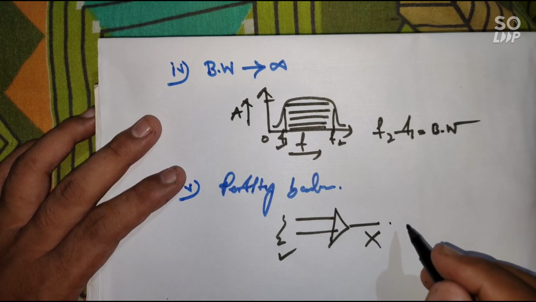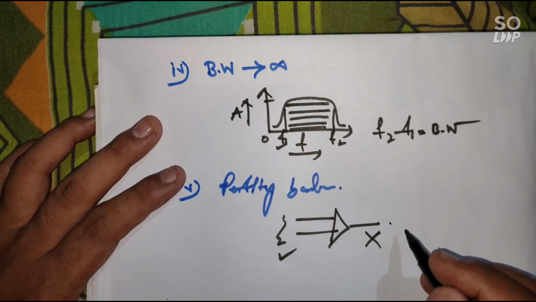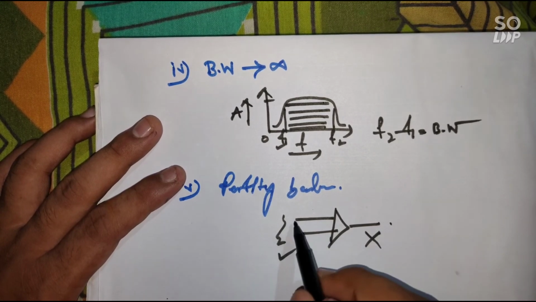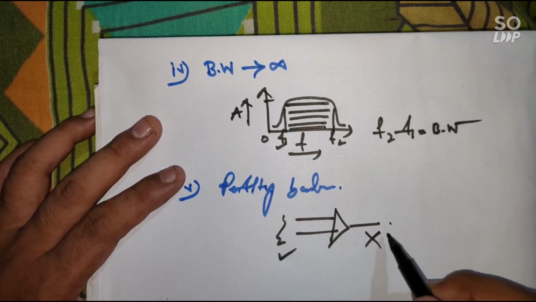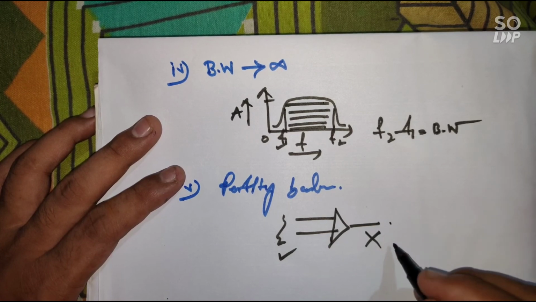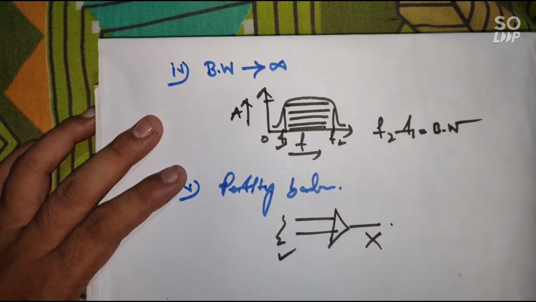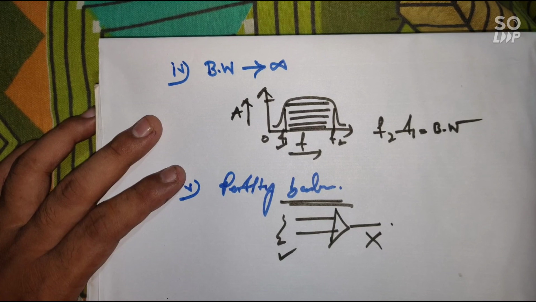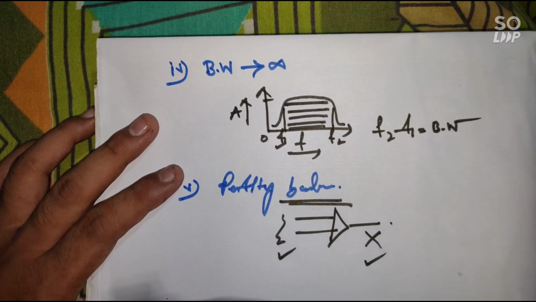This is called the output offset voltage. So practically, an op-amp is not perfectly balanced. To eliminate that offset voltage, we have to adjust the offset null using the offset null adjustment method. Ideally, the op-amp should be perfectly balanced, but practically it's not.